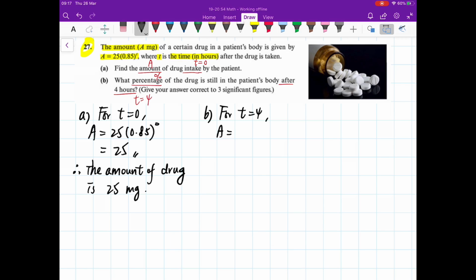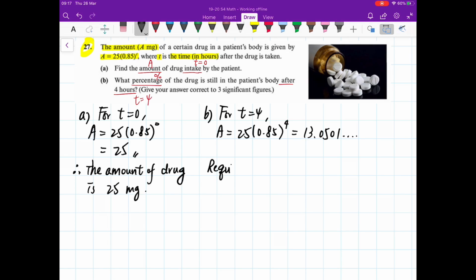We have to calculate another amount A. This time the answer is not exact. It is 13.0501 and so on. We have to reuse this answer, so I just leave it here now because we have to find the percentage.